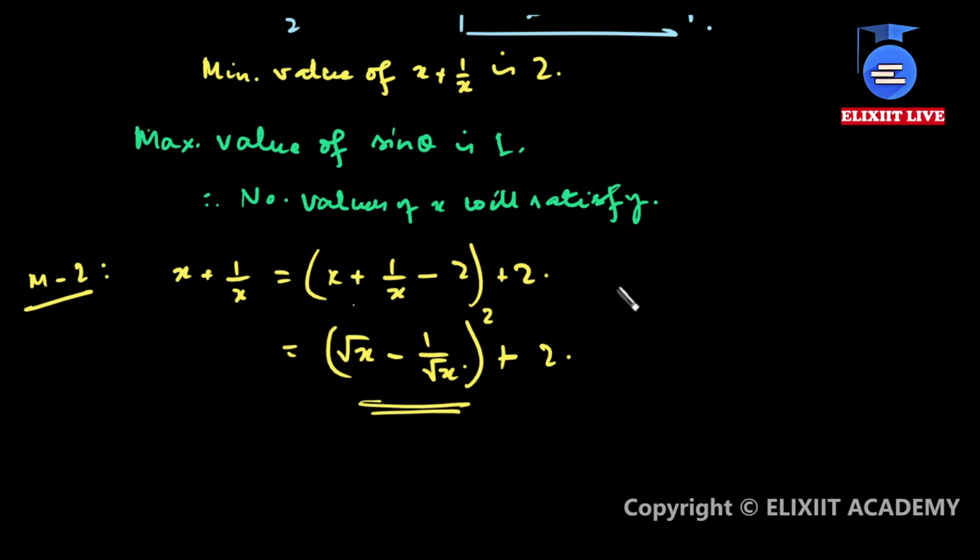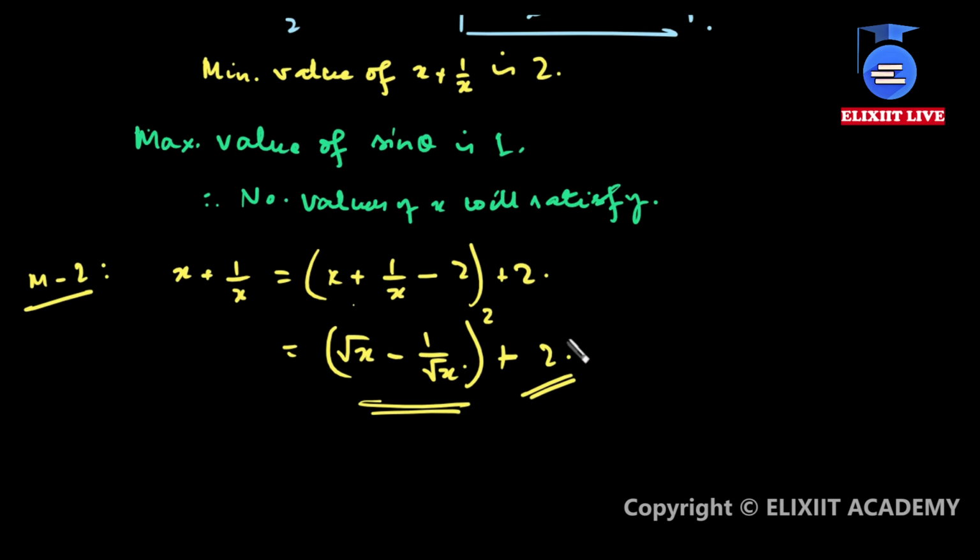So the minimum value is 2, because the minimum value of this expression is 0, and 0 plus 2 becomes 2. So x plus 1 by x will become 2 in this case. Clear with this?